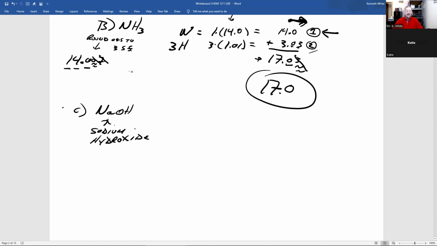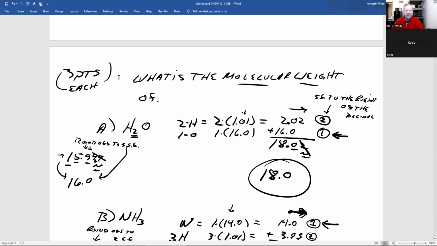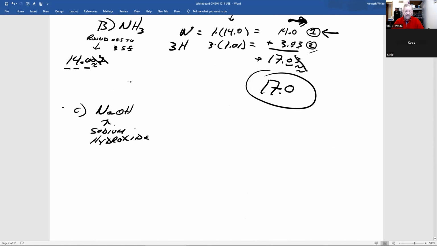And how do you do that? Well, the molecular weight, remember, I'm asking you, 3 points each, excuse me, sodium hydroxide? And the molecular weight is the sum of all atomic weights.